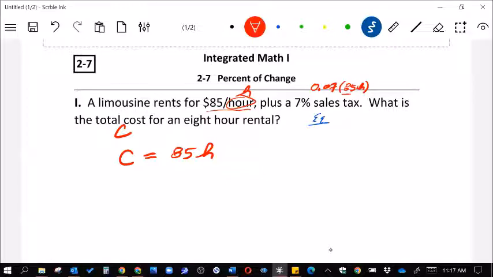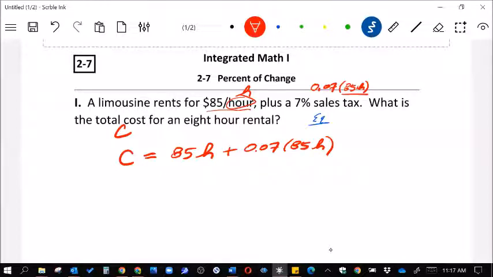So you pay sales tax on what the value of the thing is worth. If you only rented it for 1 hour, you'd be paying 0.07 times 85, and that would be the sales tax that's given to the government. So let's write that down on here. And 85H. So that's our equation.